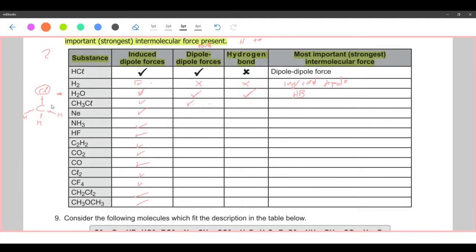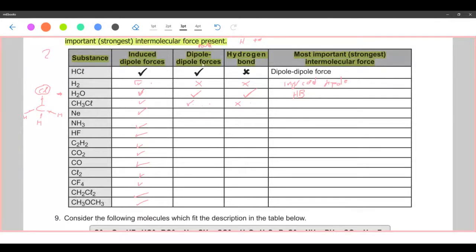The differences are 0.4 for the hydrogen and 0.5 for the chlorine. That makes this a polar molecule, so we have dipole forces, but you're right, there are no hydrogen bonds. And the strongest intermolecular force, Emma, in light of this, which would it be? I said induced dipole.